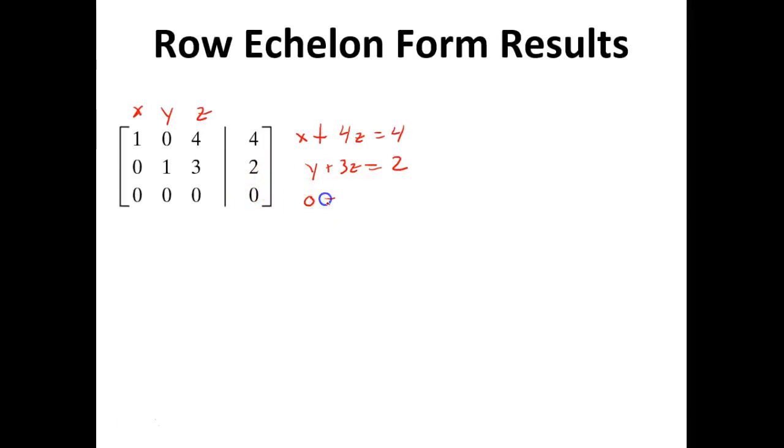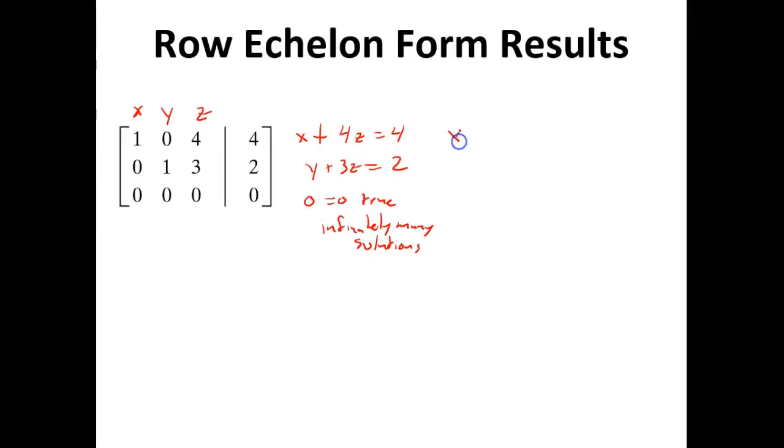This is true. Because we lost that z variable down there, this means that there are actually infinitely many solutions. They're going to be in terms of z, depending on what we pick z to be.